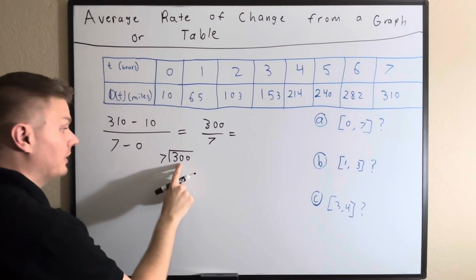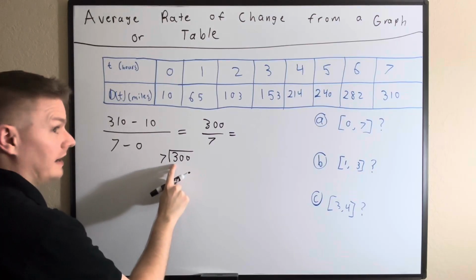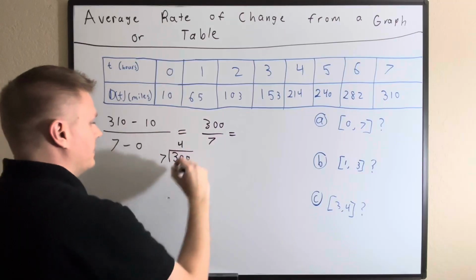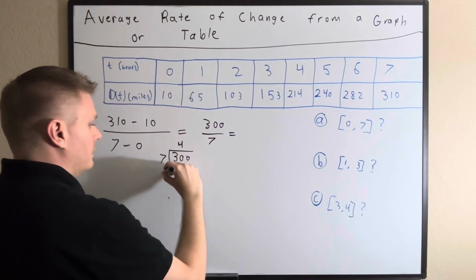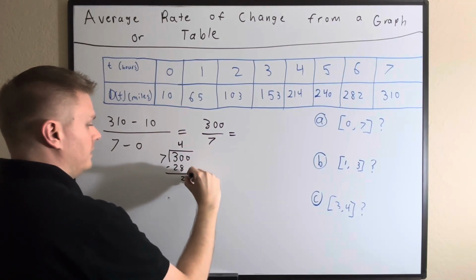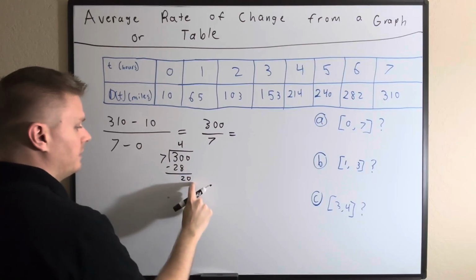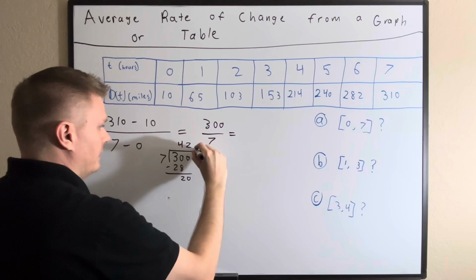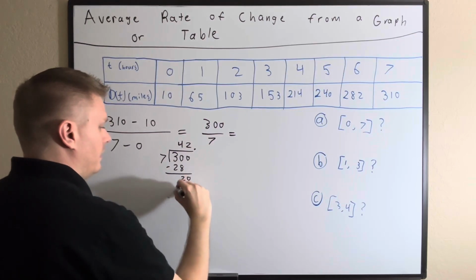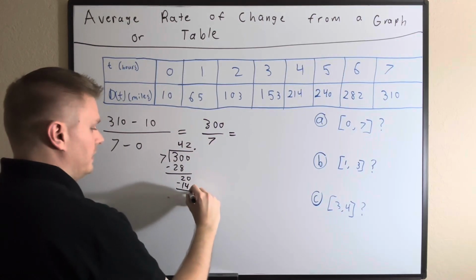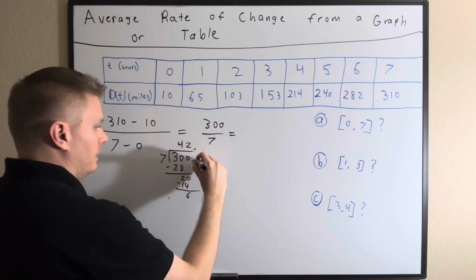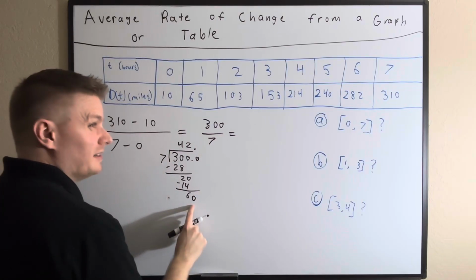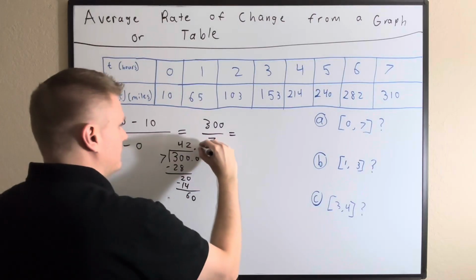How many times does 7 go into 30? It can't go into 3. So we go to 30, right? So 7 times 4 is 28, right? 2 remainder. Bring down the 0. 7 goes into 20 only 2 times. There's our decimal. 20 minus 14 is 6, right? Bring down another 0. 7 goes into 60 8 times.